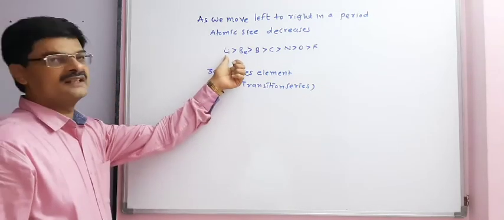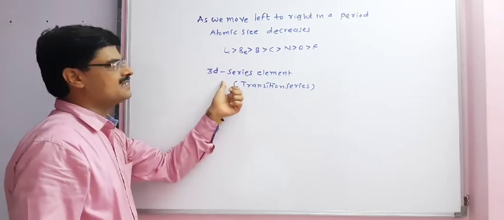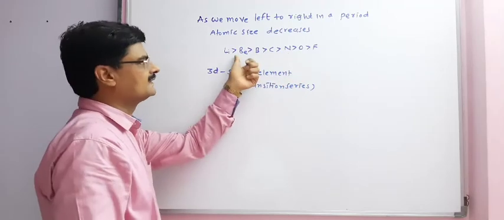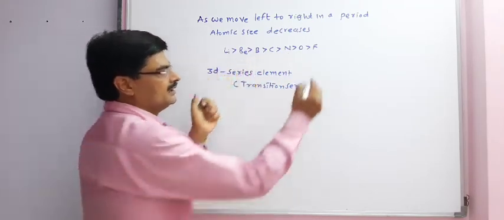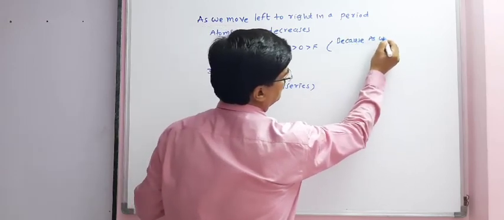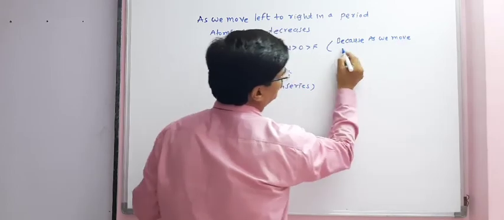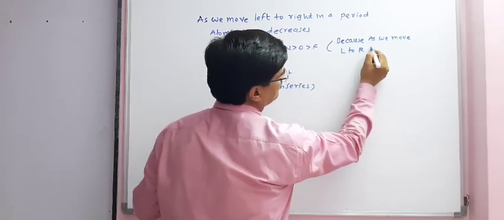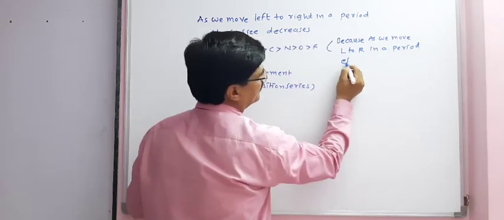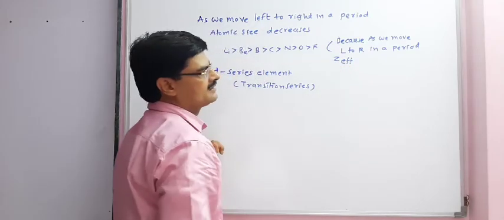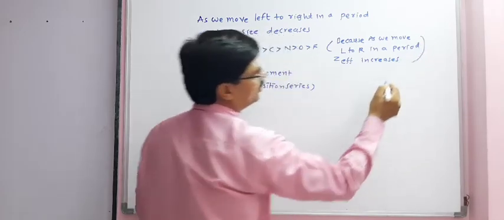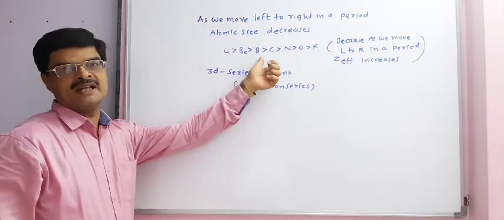Before we understand this, we understand in the case of Li, Be, B, C, N, O, F, the size order is given by this manner because as we move left to right in a period, effective nuclear charge, that is Z effective, increases, and because of that size order is followed as given.